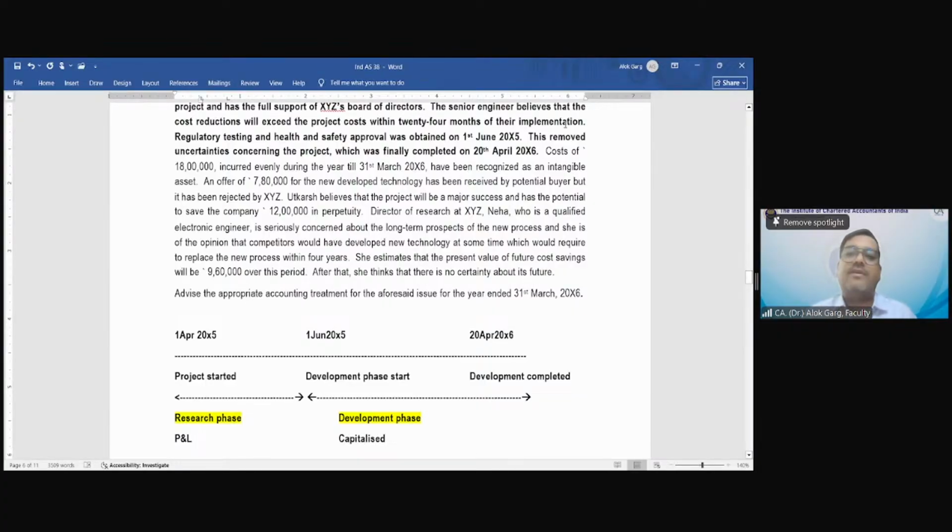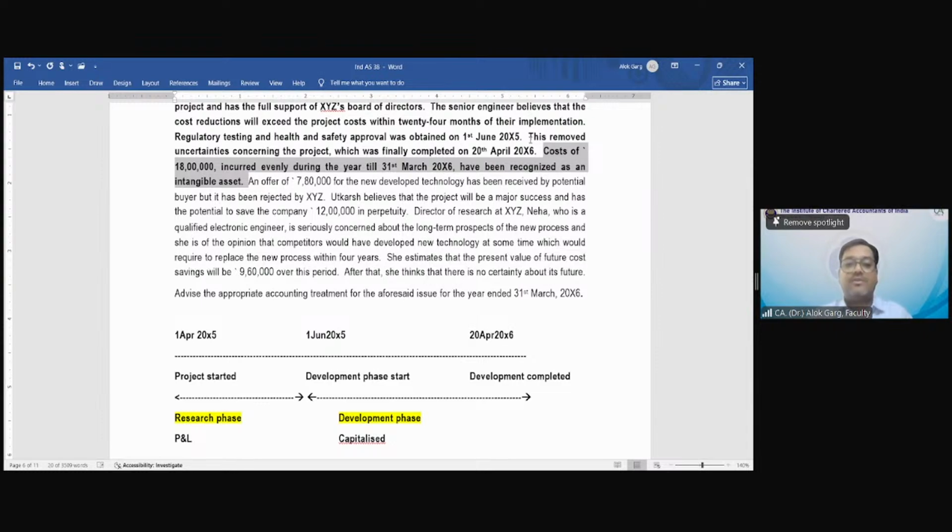So let's read further. The cost of 18 lakh incurred evenly during the year till 31st March 2006. From 1st April 2005 to 31st March 2006, 18 lakh rupee cost has been incurred. So what is the monthly cost? 1.5 lakh per month. It is written that the cost has been recognized as an intangible asset.